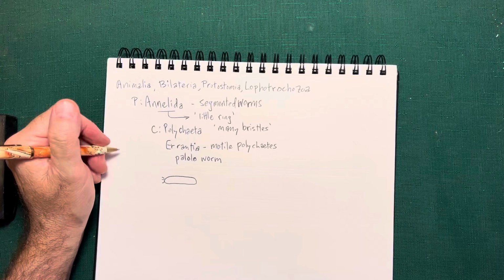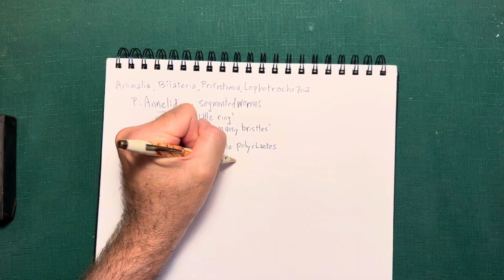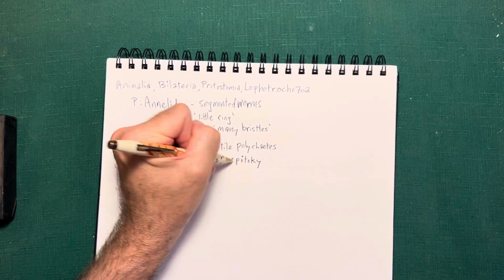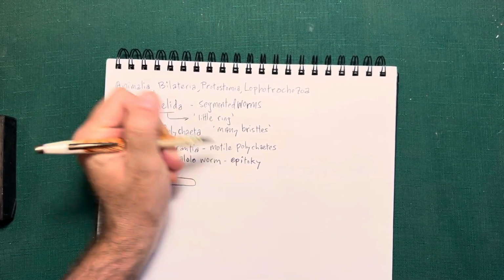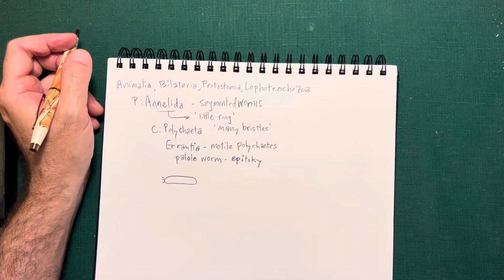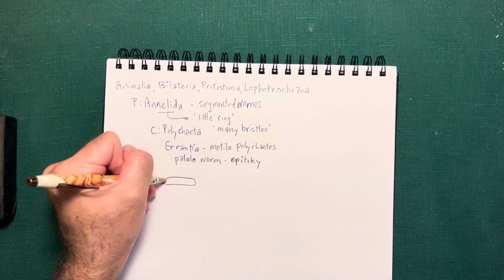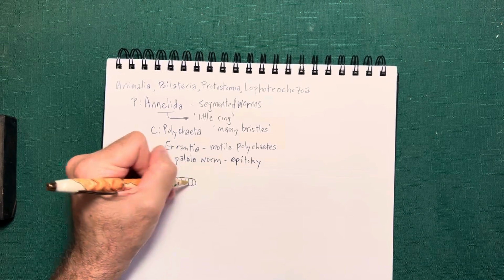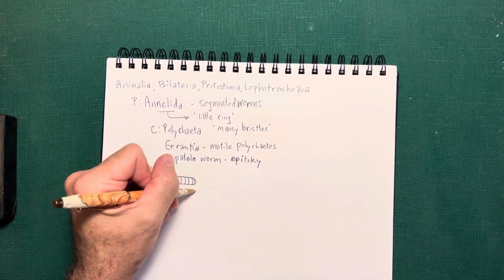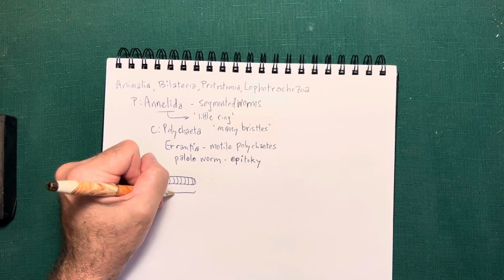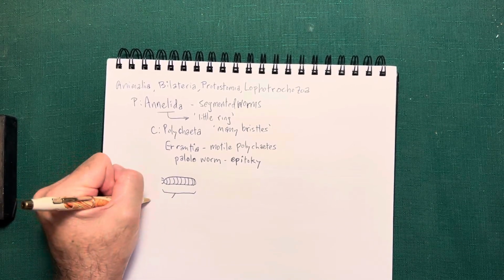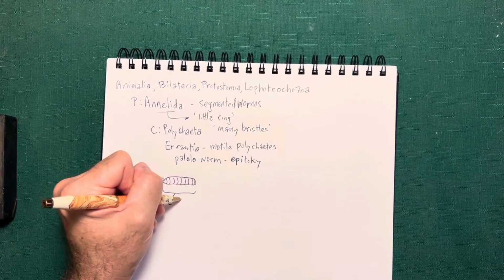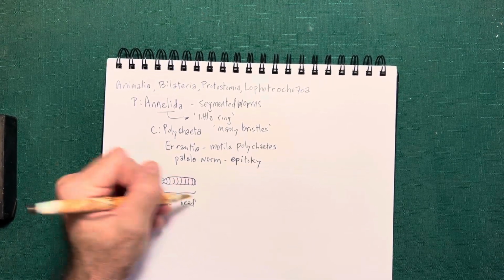Okay, so within the Palolo worms, they have this phenomenon called epitoky. What does that mean? Well, it's very similar to something that we've seen before that I will draw for you again. So we have a segment at the front that's called the atoke, which is pretty much the head end of the organism.